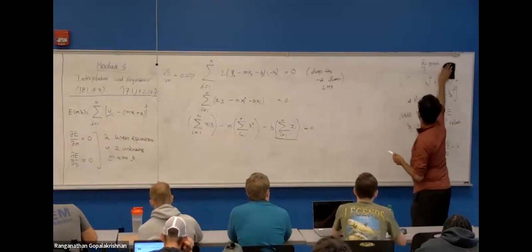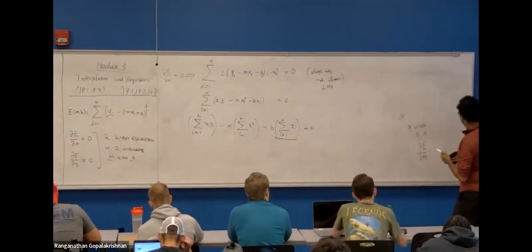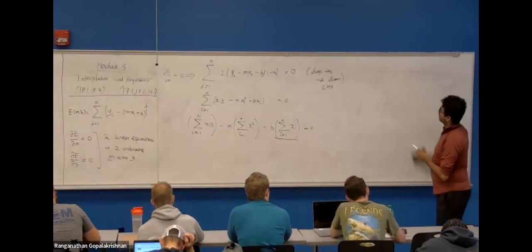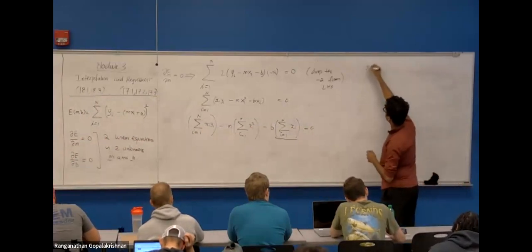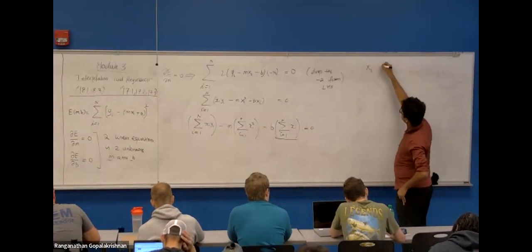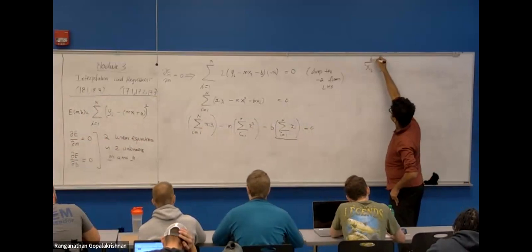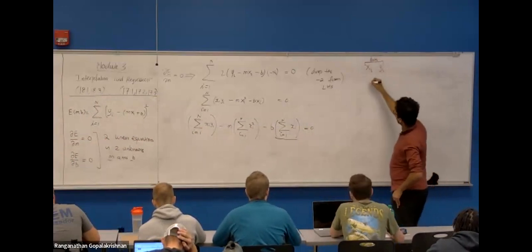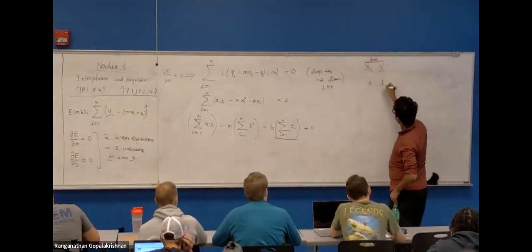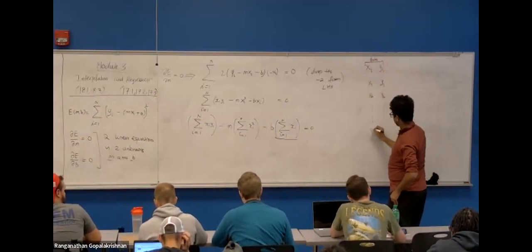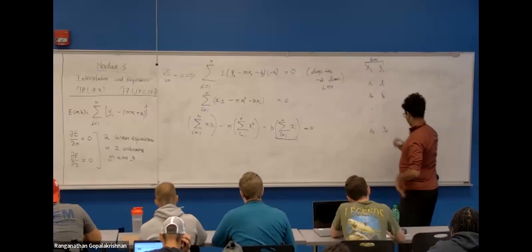So let's build a table. Here's your original data, xi, yi. And then I have x1, y1, x2, y2, and so on, xn, yn.